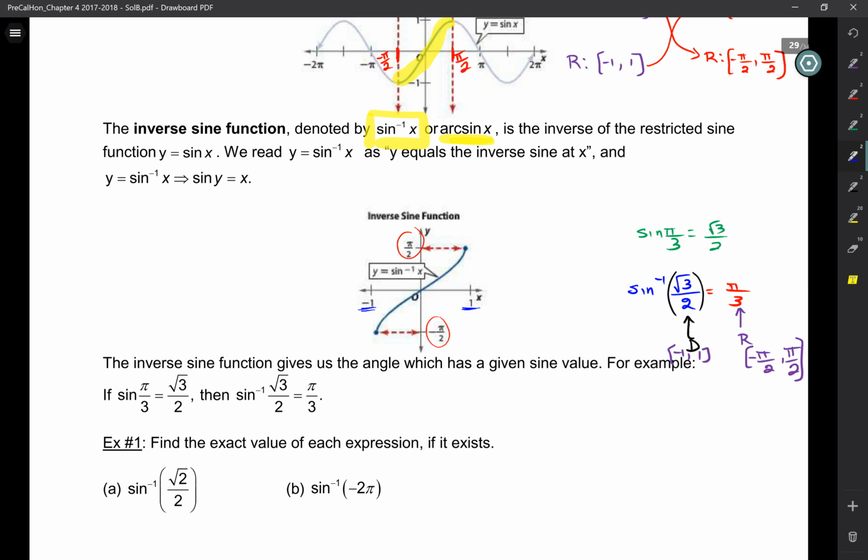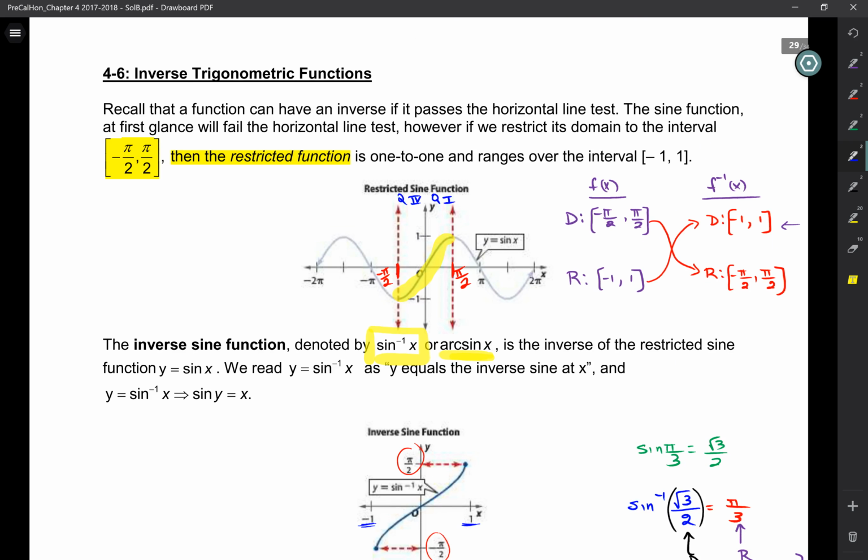No, it's in quadrant 4, but it's not between negative pi over 2 to pi over 2. Look, this is pi over 2. 7 pi over 4 is here. Even though it falls in the fourth quadrant, it's 1 1/4 pi. So it does not satisfy the proper domain and range. It can only go from negative pi over 2 to pi over 2.